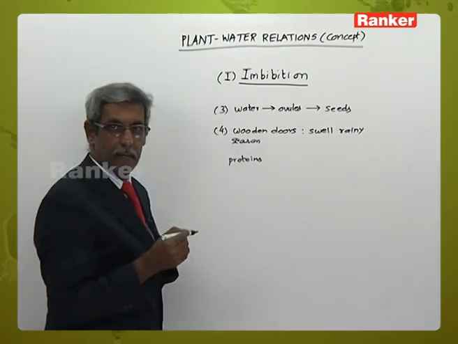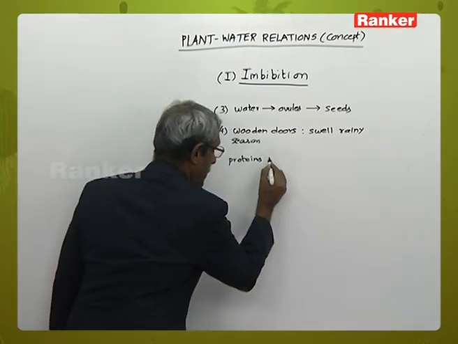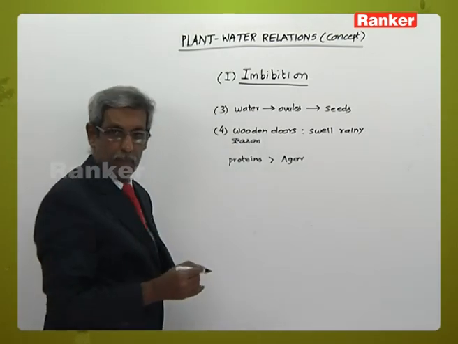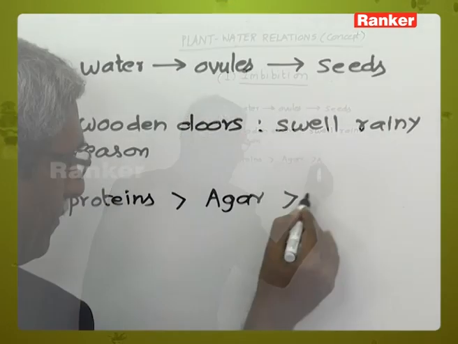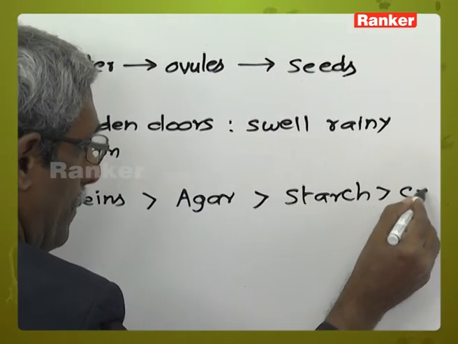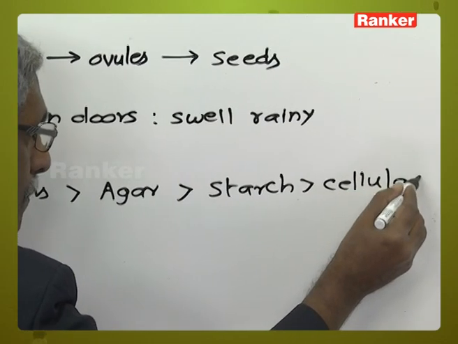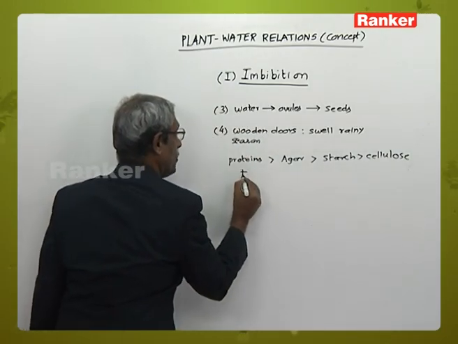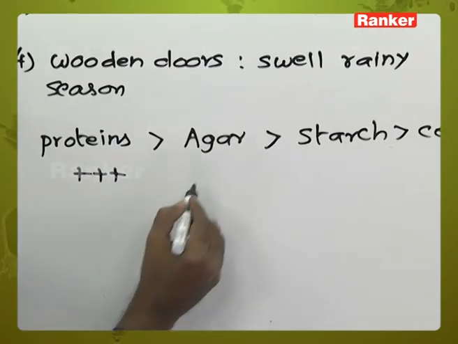Here, proteins, as indicated, show higher imbibition when compared to agar, starch, as well as cellulose. So the highest imbibition is seen in the case of proteins.